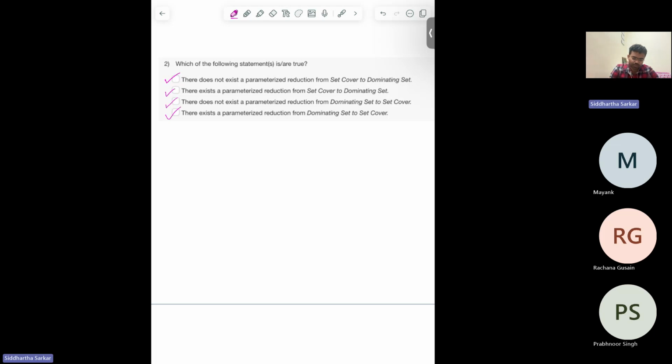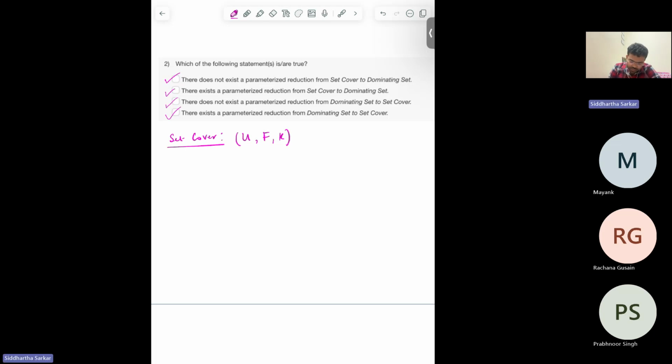So I think we can recall the definition of set cover first. Here you are given a universe U, a family F of subsets of U, and an integer k.